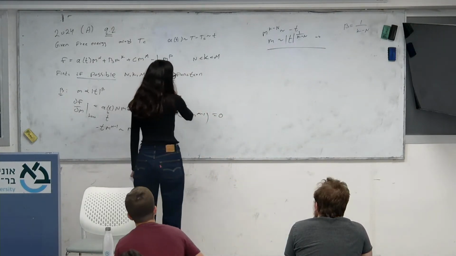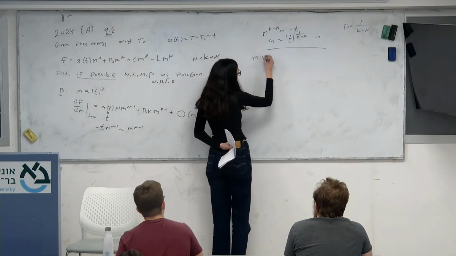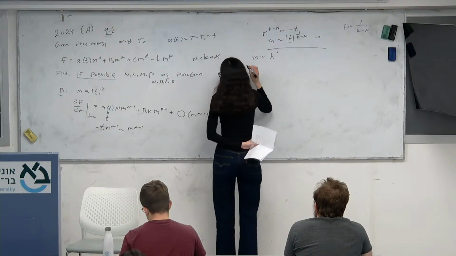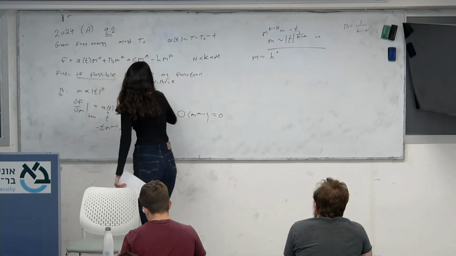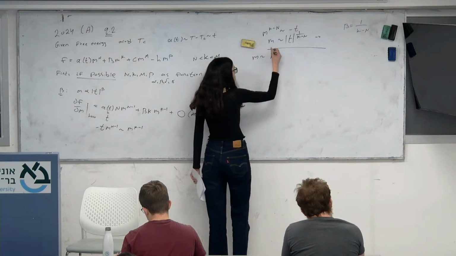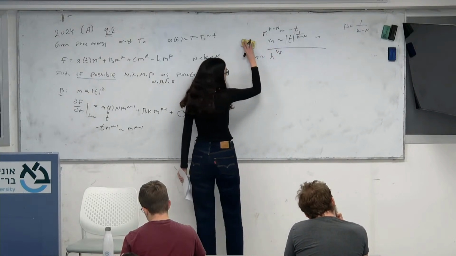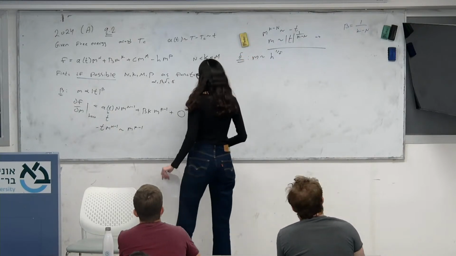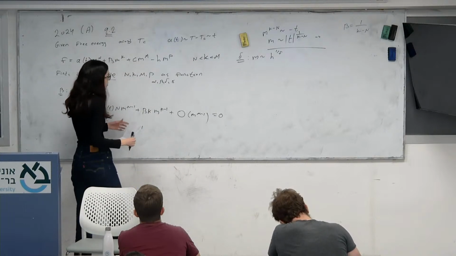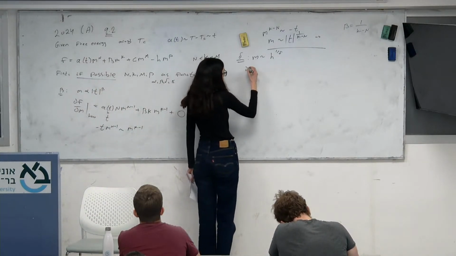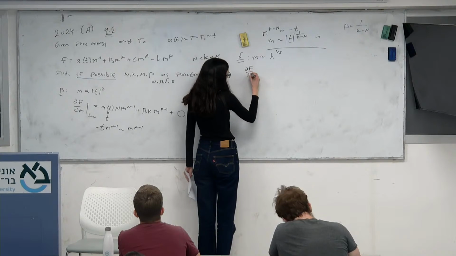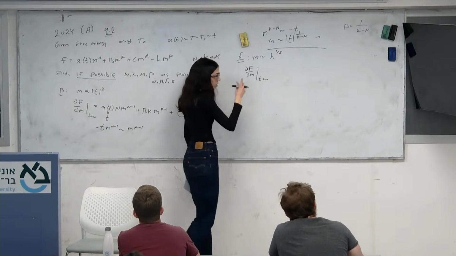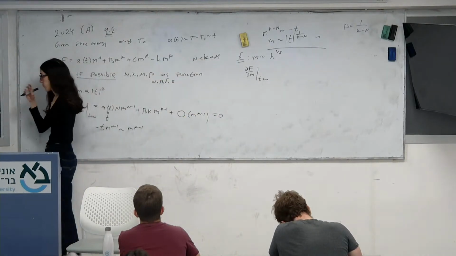Let's go to delta. So m goes as h to the 1 over delta. We do the exact same thing, but now when we take the derivative with respect to m, we take the reduced temperature t to be 0, which means that the temperature is equal to the critical temperature.